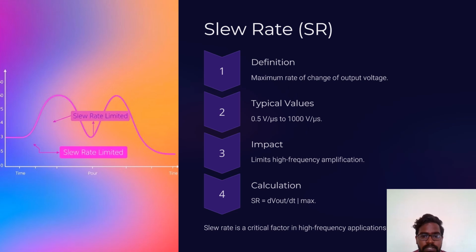The impact of slew rate is that it limits high frequency amplification, and it can be calculated as SR equals dVout by dt maximum. Slew rate is a critical factor in high frequency applications.